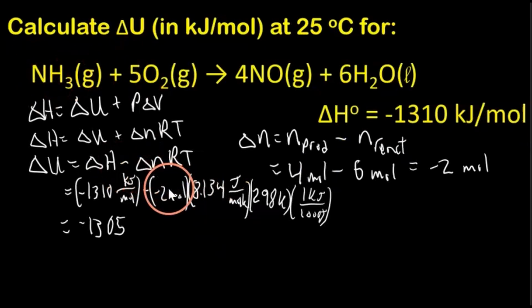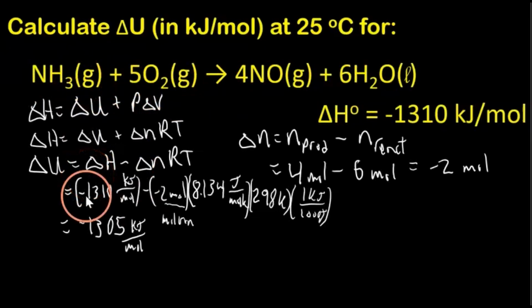So this is the change in moles for every 1 mole of the reaction. So this is moles of products minus reactants. We could even think of this as being divided by moles of the reaction, and that's what this is, moles of the reaction. So we get negative 1,305 kilojoules per mole every time 1 mole of this reaction occurs.